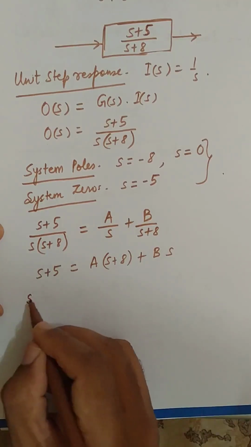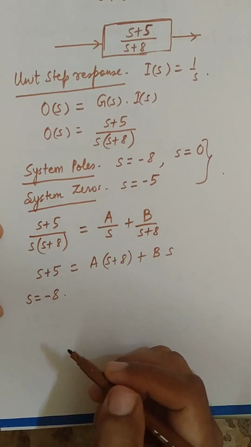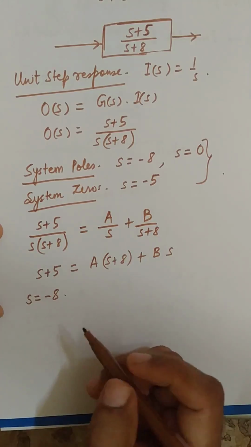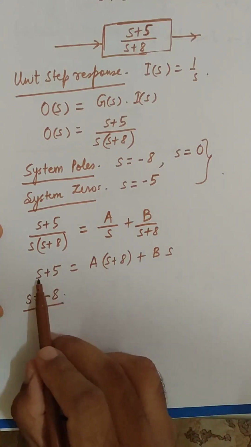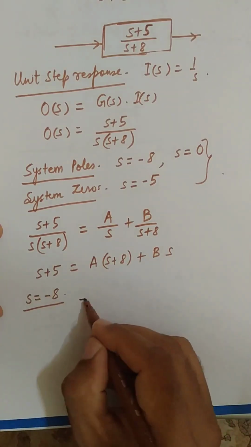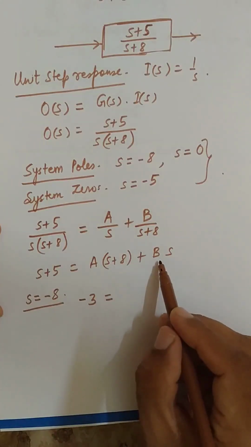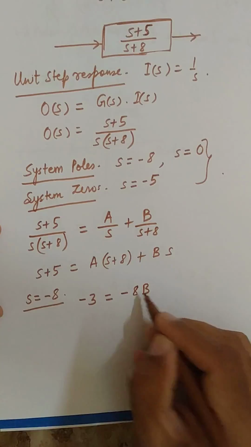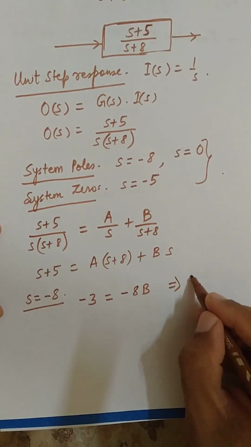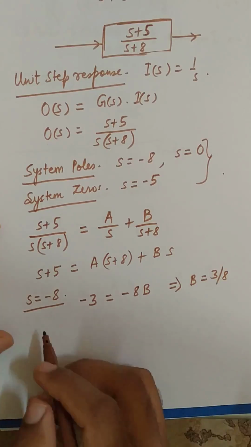So let me first put s equal to minus 8. So as soon as I put s equals minus 8, what happens? This will be minus 3 is equal to, this goes to 0, this becomes minus 8B, which implies that B has to be equal to 3 by 8.